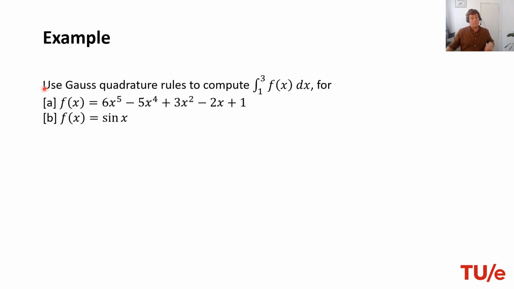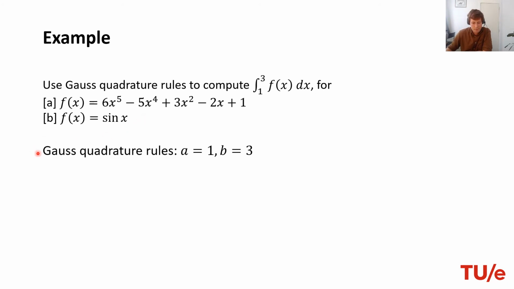And such an example is what we see in this slide over here. So we want to use the Gauss quadrature rule to compute the integral from x is 1 to x is 3 of f of x for these two functions. First for a fifth order polynomial function, and then for a sinusoidal function.